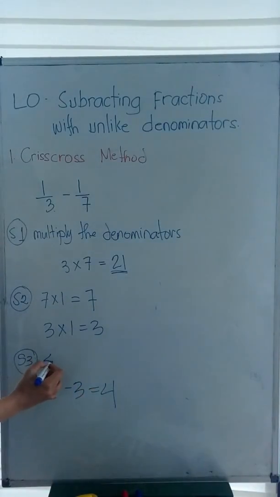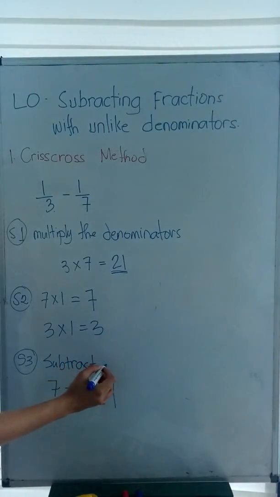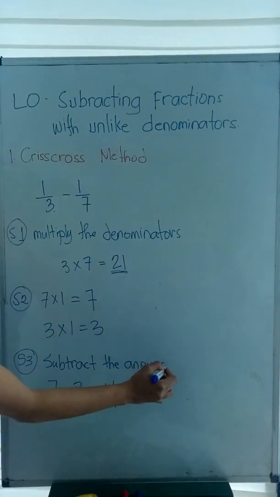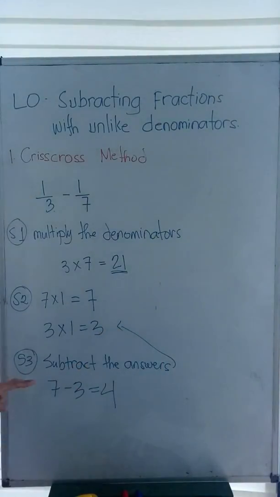Step 3: subtract the answers. So you just subtract the answers here. 7 take away 3 equals 4. So 4 is our numerator.